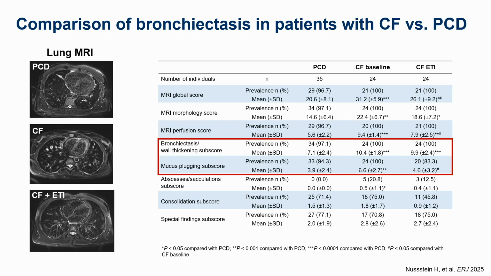While we have a higher extent of airway mucus plugging in CF patients at baseline compared to PCD, ETI therapy significantly improved mucus plugging to similar levels as we observed in PCD. For bronchiectasis, we didn't observe this pattern: the prevalence as well as the extent of bronchiectasis was unchanged by ETI and also significantly higher than in PCD.